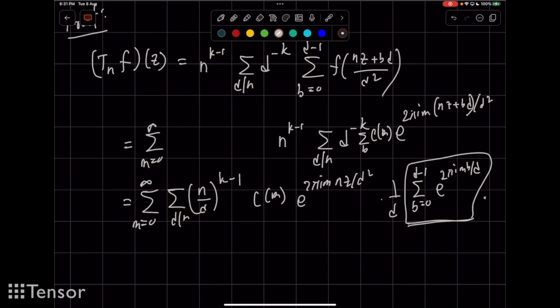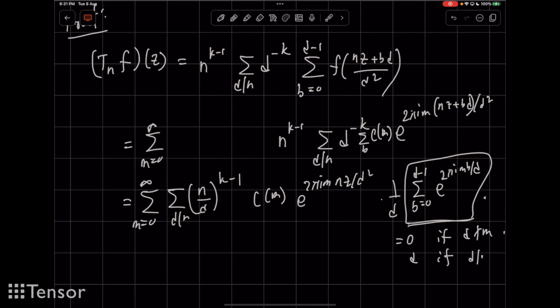If d divides m, this sum is actually d, since all the terms are 1. Because e to the 2 pi i is 1, and if d divides m, then mb over d is always an integer. So then all the terms are 1. Let me write it again: this is 0 if d doesn't divide m, and d if d divides m.